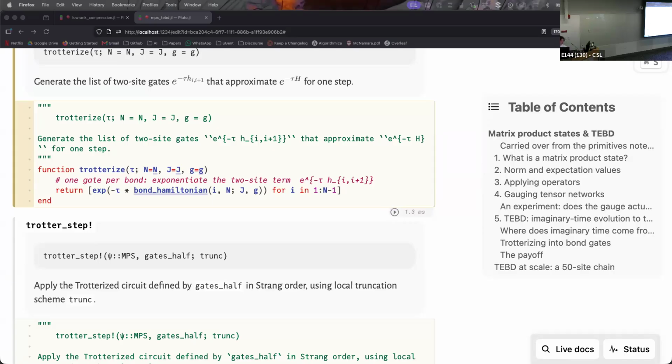Okay, well now I know that tau is the U. This is great knowledge. The Unicode emojis, they can order them. Yeah, I typed in tau and it autocorrected to taco, and it just gave me a taco emoji. Oh, that is... yeah. Trotter takes the Hamiltonian and breaks it into the two-site gates. The gates half, I think, are just the two-site gates. Yeah.